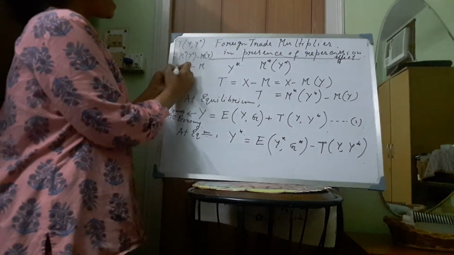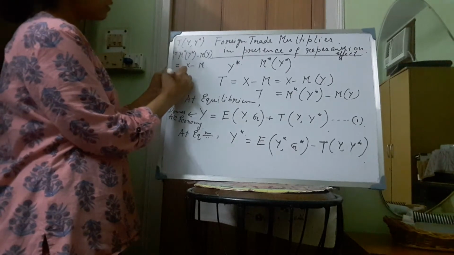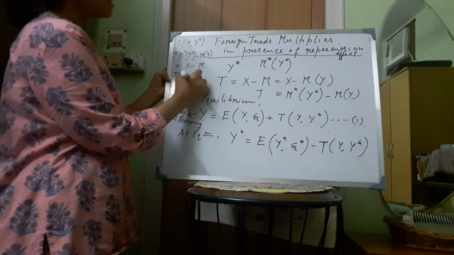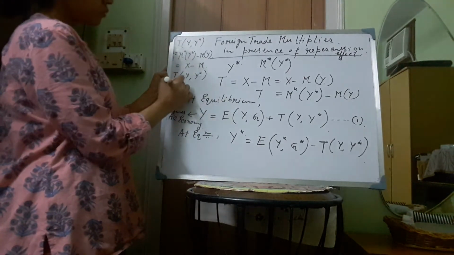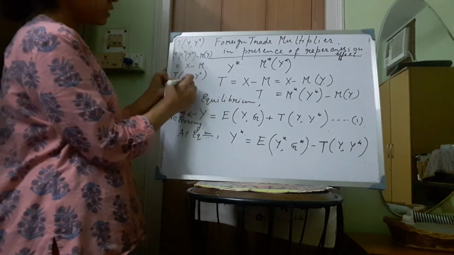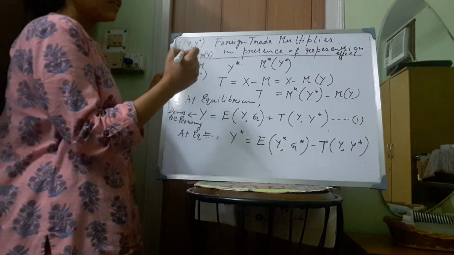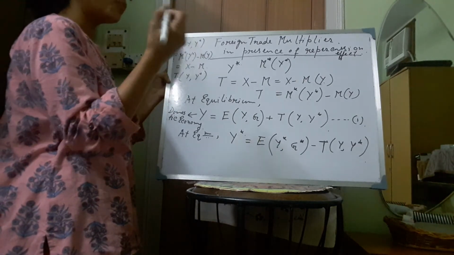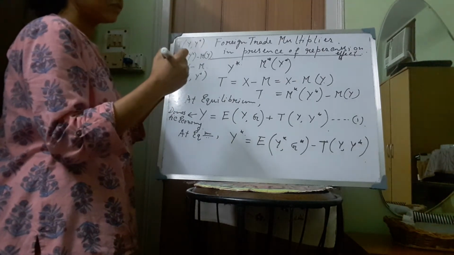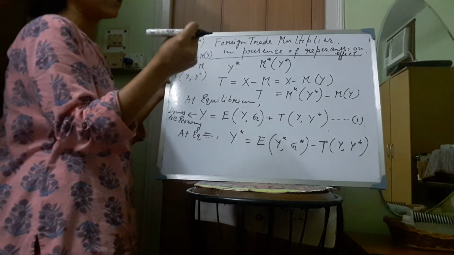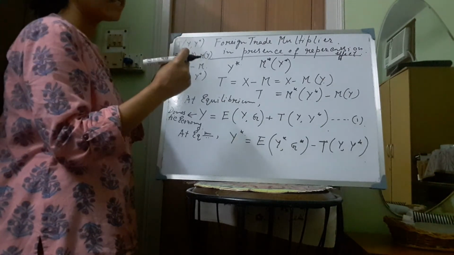Now what is the trade balance in the foreign country? Trade balance in the foreign country is the export of the foreign country minus the import of the foreign country. Now what is the export of the foreign country? The export of the foreign country is our import. So the export of the foreign country is equivalent to the import of the domestic country.